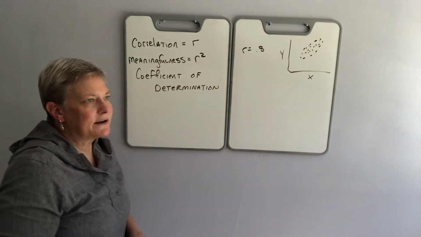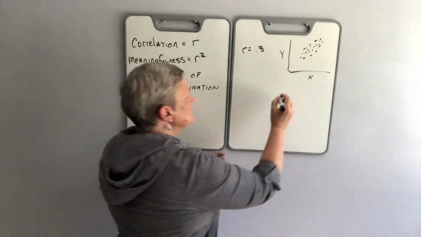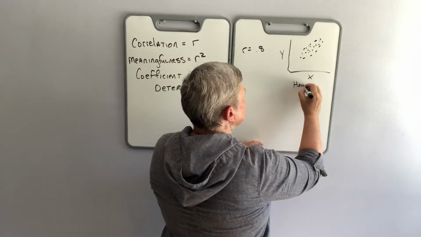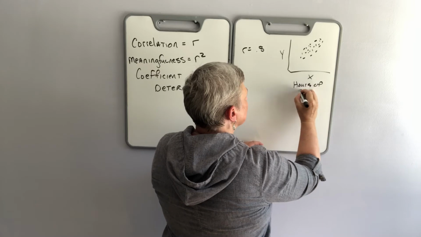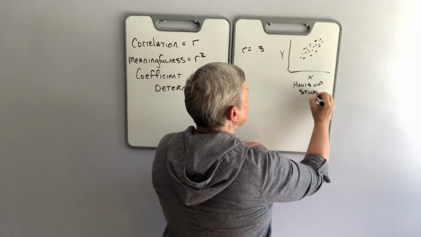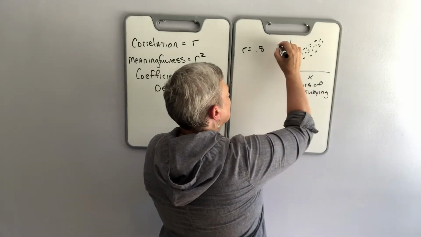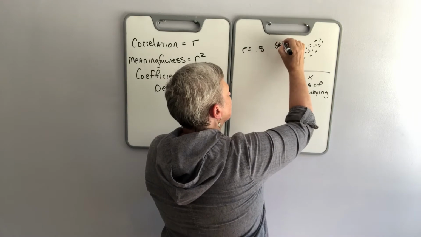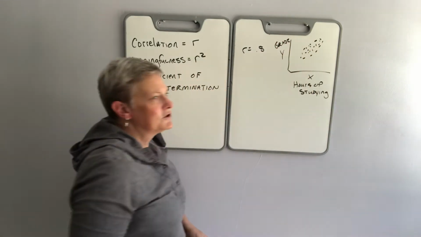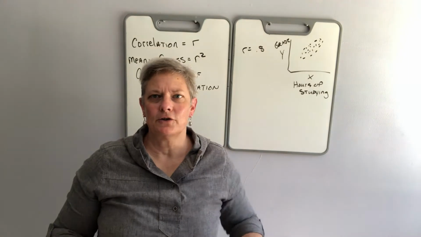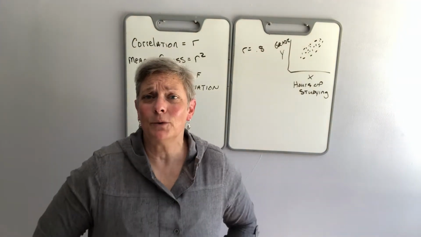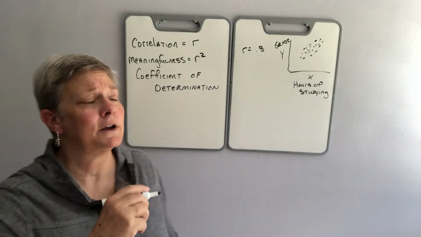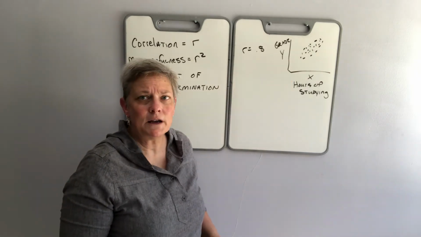So let's go back to hours of studying and grade. We would expect that the more you study, the higher your grade. It's not everything that goes into it, and that's why it doesn't account for all of the variation, right?